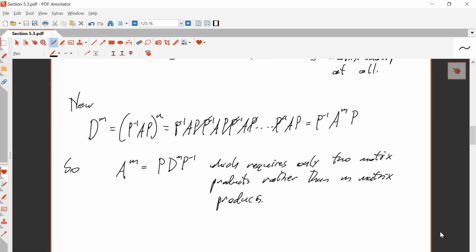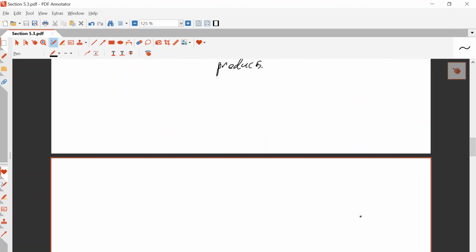Okay, so let's summarize what we have so far. The diagonalization process is as follows.